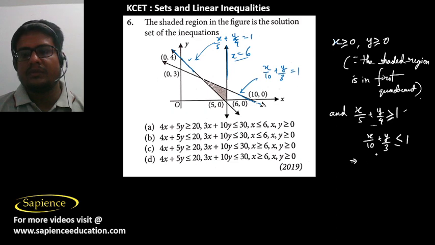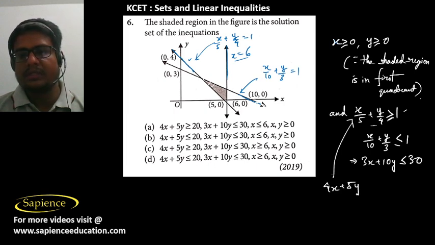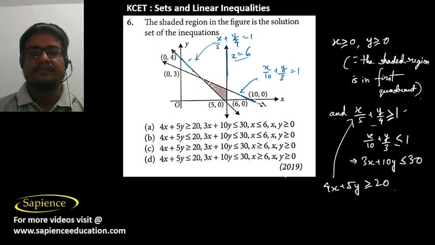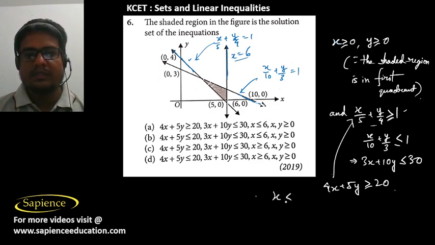Here we can write it as 3x plus 10y less than or equal to 30, and from the other we get that 4x plus 5y is greater than or equal to 20. And for this one, origin should also satisfy, so x should be less than or equal to 6.